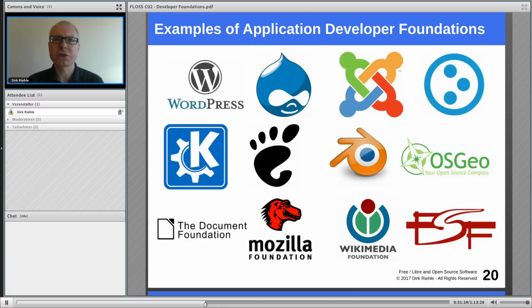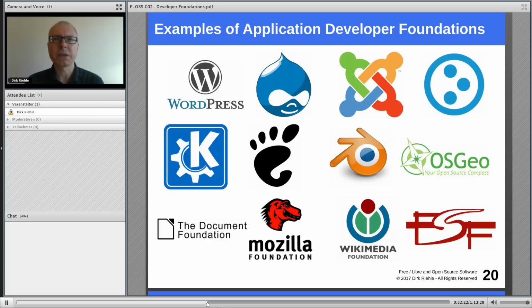We see some foundations host several applications, like Mozilla hosts both Firefox and Thunderbird. And the Free Software Foundation hosts any number of free software projects. So it doesn't have to be a one-to-one mapping between a project and a foundation.